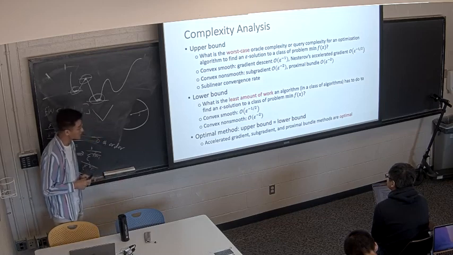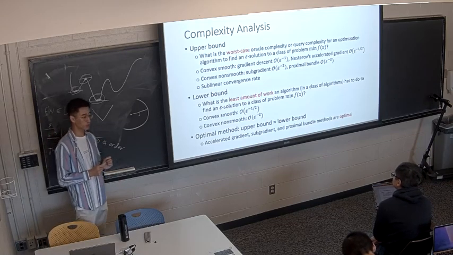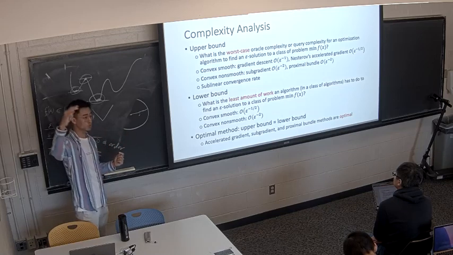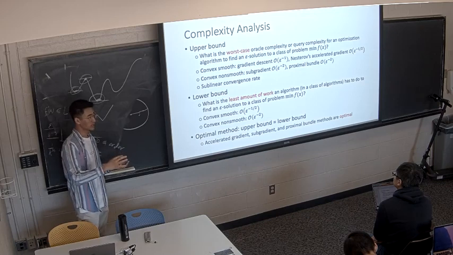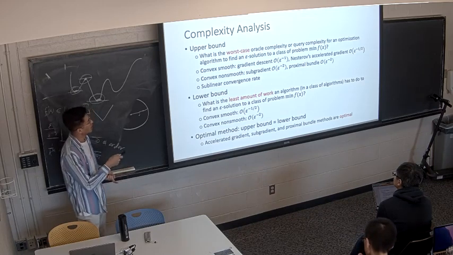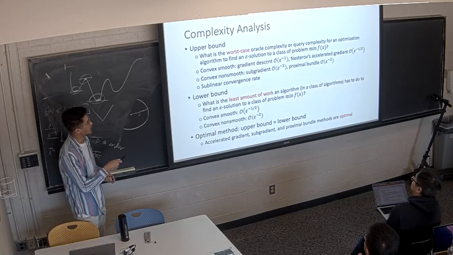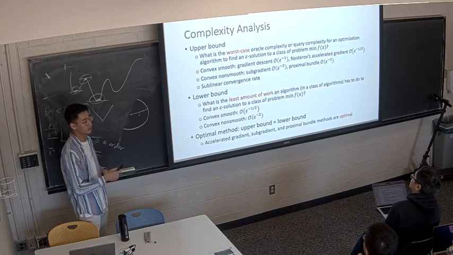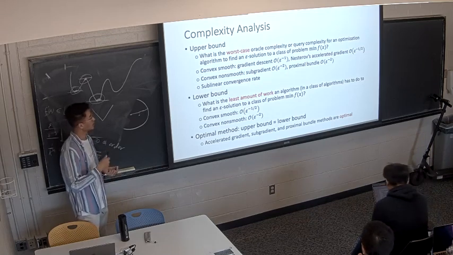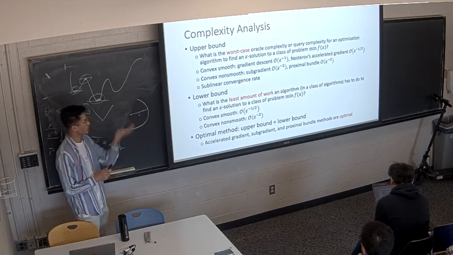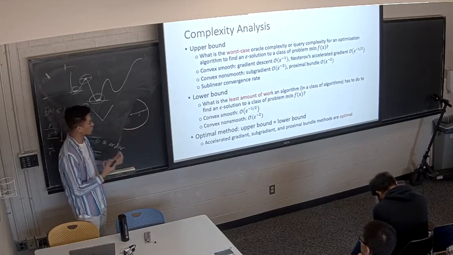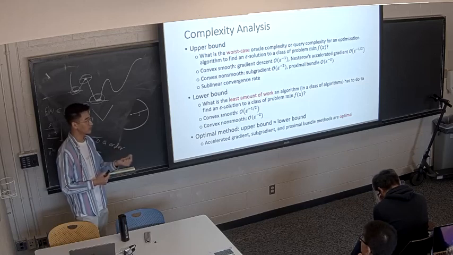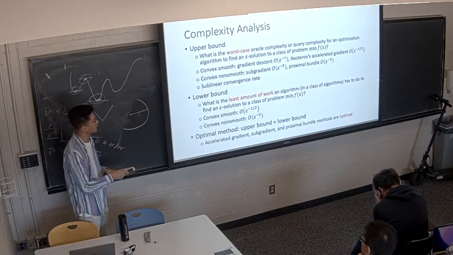So in optimization complexity analysis, what people usually do is work from two directions. In one direction, you try to bring down the upper complexity bound. This is by designing a better algorithm, like from gradient descent to Nesterov accelerated gradient. This is a better algorithm design, which brings down the upper complexity bound. And on the other hand, you try to push up the lower complexity bound. So when you prove a lower complexity bound, you try to find a very bad, an evil instance, an evil function in the class.